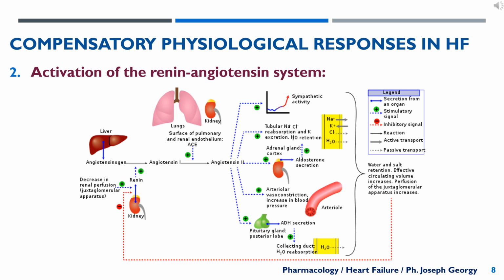First of all, we should observe that we have an apparatus within kidneys which is called the juxtaglomerular apparatus. This juxtaglomerular apparatus is stimulated when the renal blood perfusion into the kidneys decreases due to the heart failure progression.